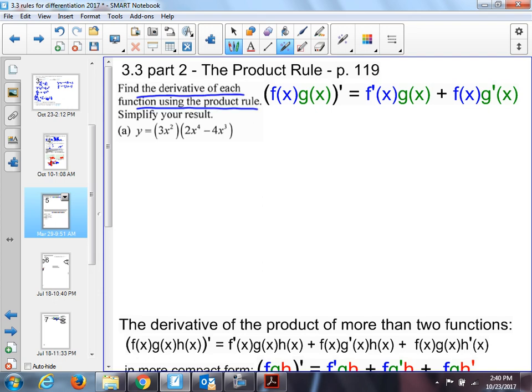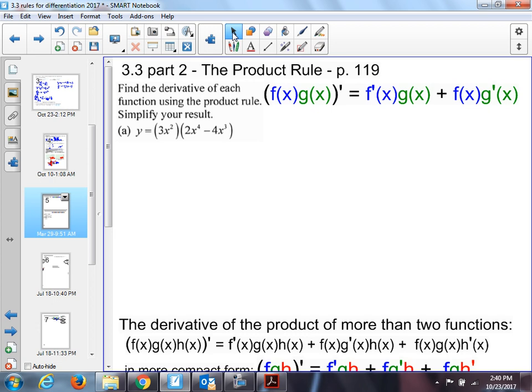Find the derivative of each function using the product rule. Simplify your results. Okay. I'm not going to be too hung up on simplify right now. However, I'm going to just rewrite this. Now, I have this color-coded on my screen just so that we could see something here.